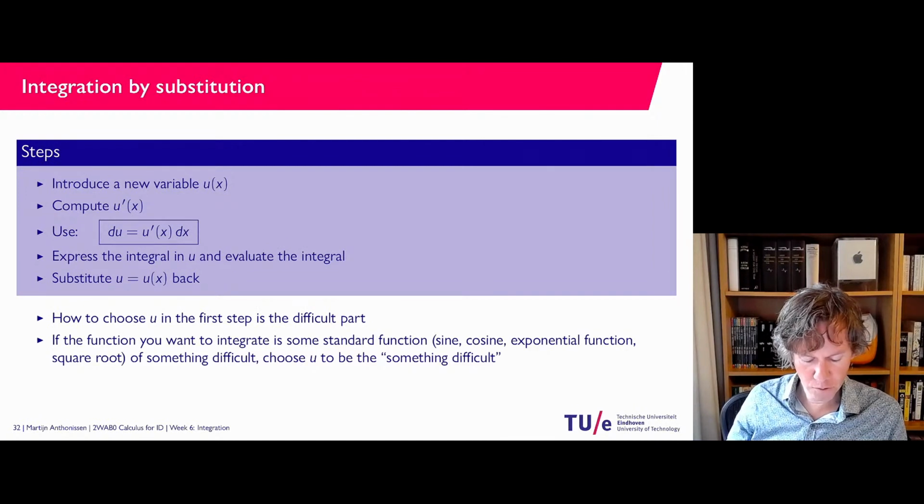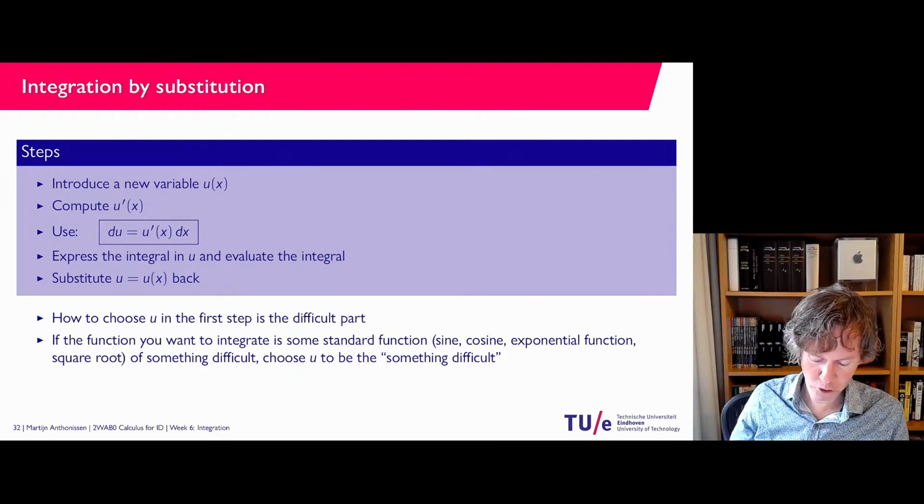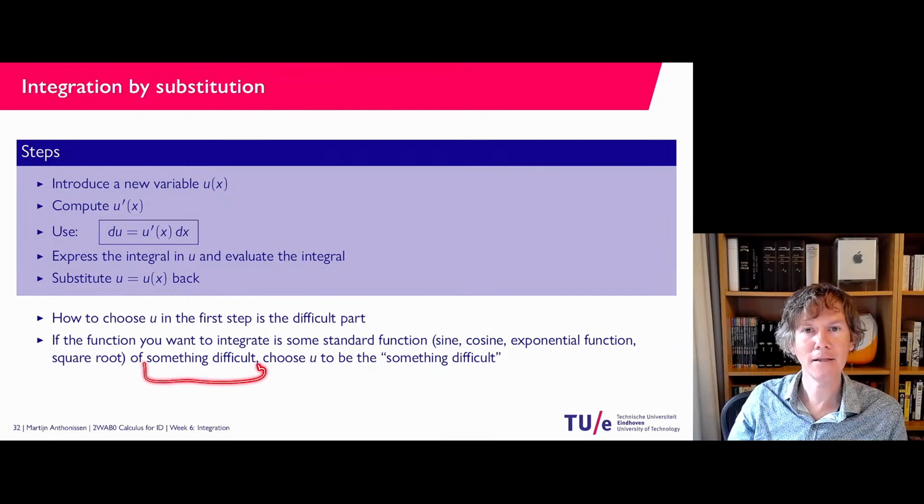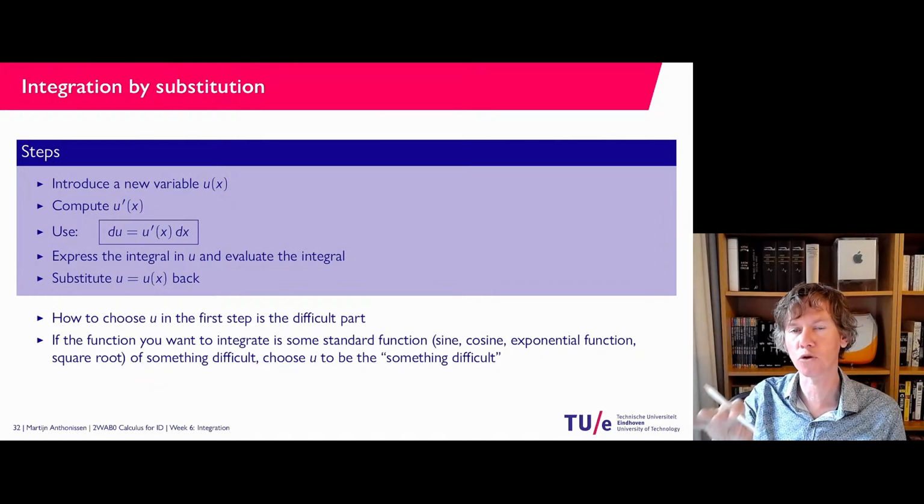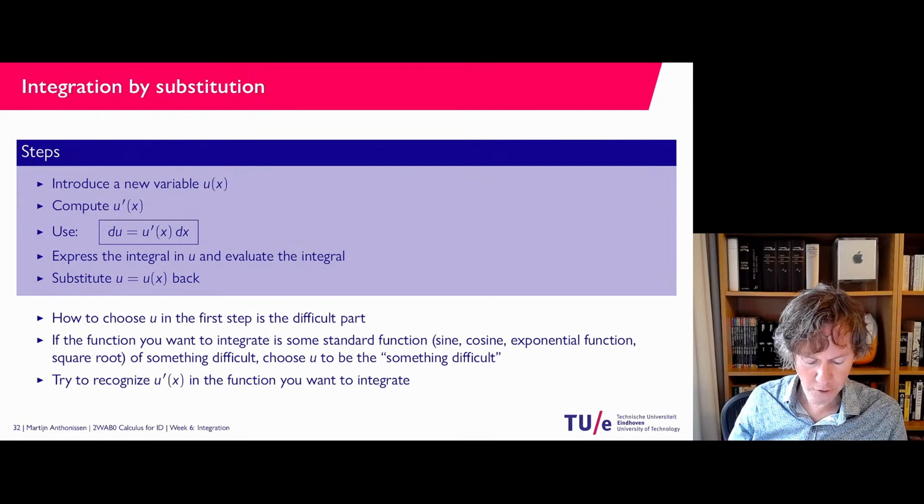So if you have an integrand, so the function you want to integrate, that's called the integrand. If it is some function, say sine, cosine, exponential, square root of something difficult, then that's something difficult. So whatever is in the sine or in the square root, whatever you try to take the square root of, that's what you should try as a substitution. And then you have to recognize u prime somehow and then integrate.